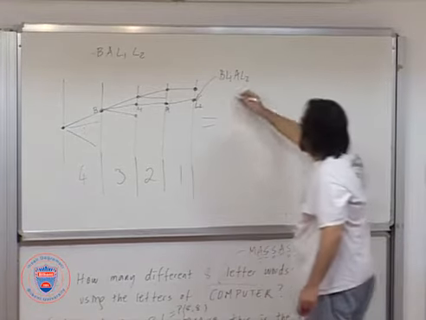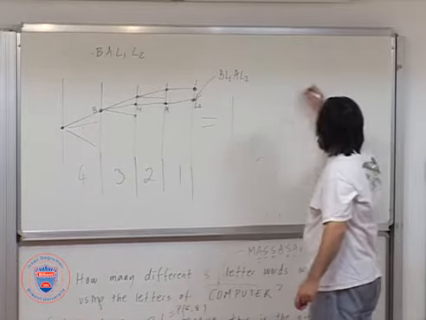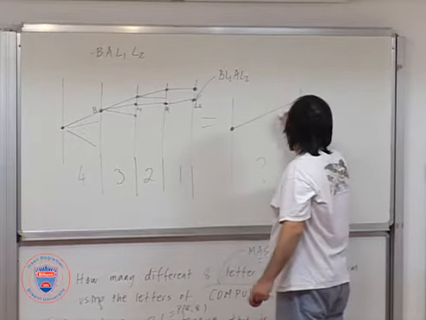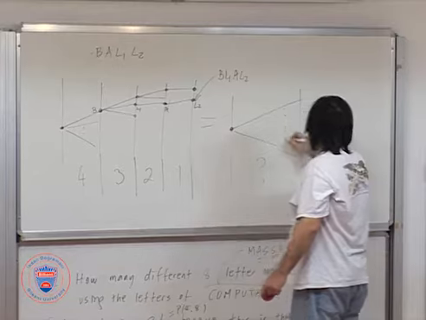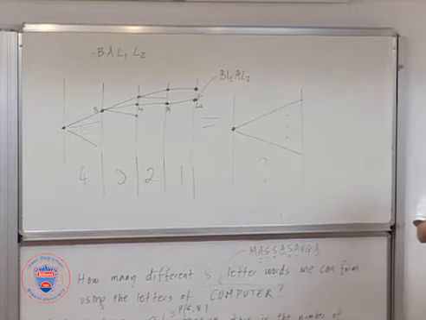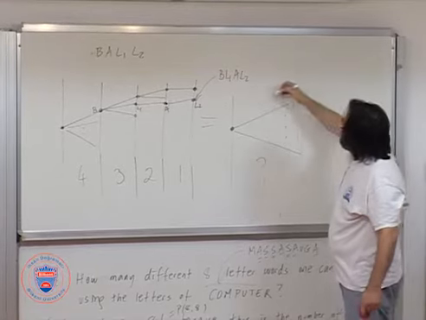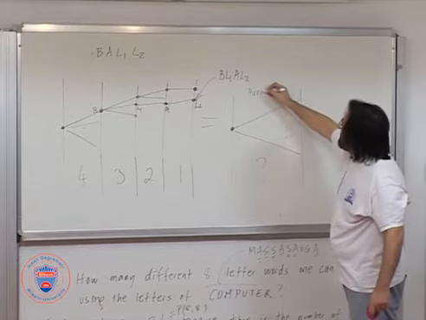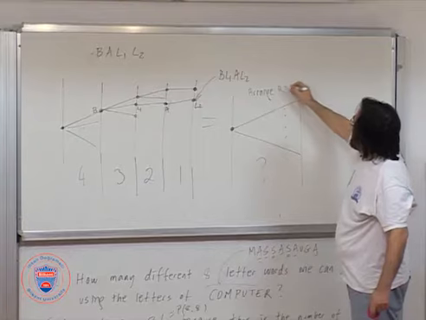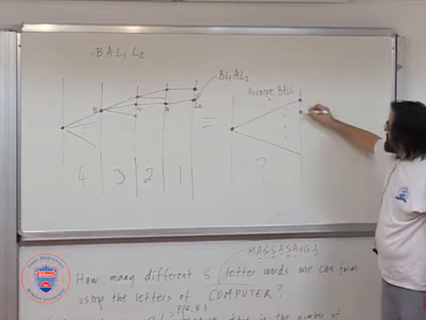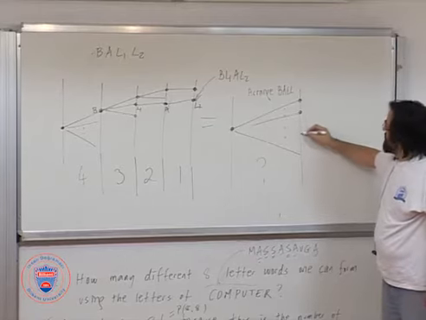Now what we want to know, which we don't know, is the number of arrangements for B, A, L, L. So each of these is now an arrangement of these letters.